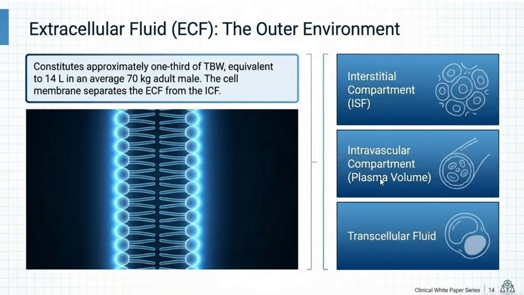So, ECF is divided into interstitial fluid, that is, fluid between the cells, intravascular fluid, that is, the plasma, and transcellular fluid like CSF and pleural fluid. Clinically, most IV fluids we give initially expand this extracellular compartment.